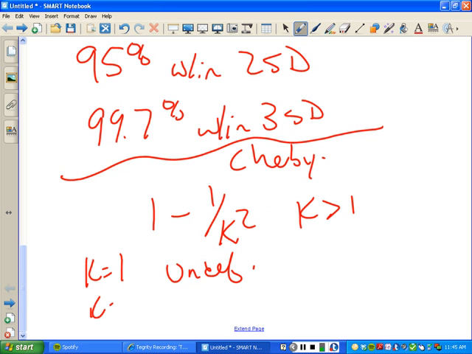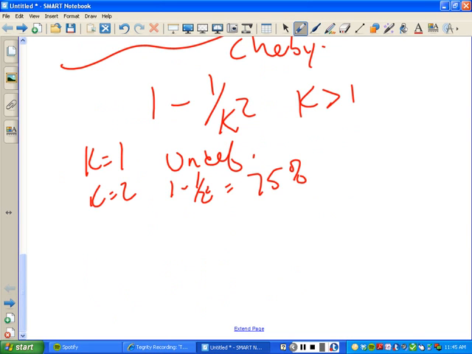If I say what's within 2, you just do the formula. 1 minus 1 over 2 squared, which is 75%. Okay. K equals 3. You would do 1 minus 1 over 3 squared, which is 88.9%, approximately. Okay. All right, with that being said, there's the empirical rule and Chebyshev's theorem, the summarized version.